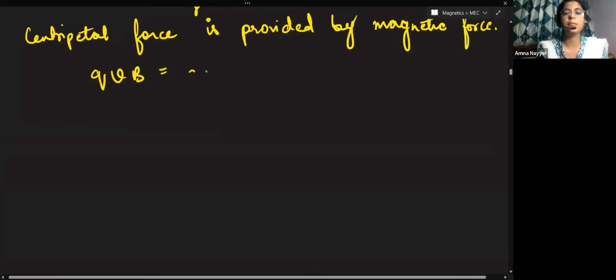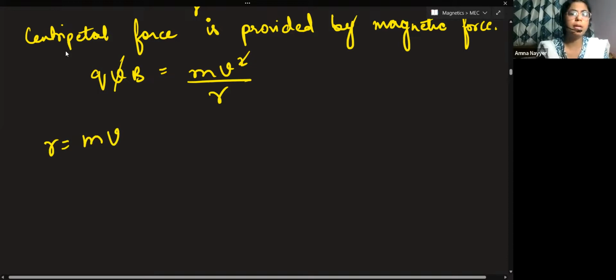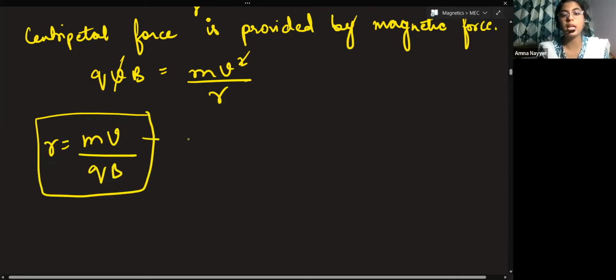One v gets cancelled. From here, remember all the formulas. r will be equal to mv divided by qB. This will be the formula of the radius of the circular path.